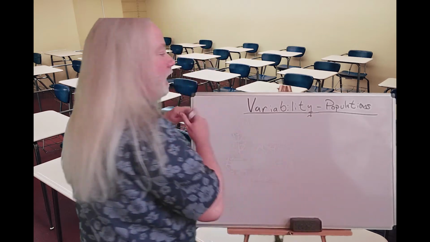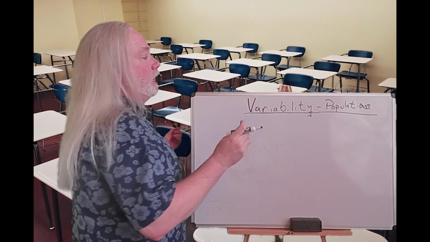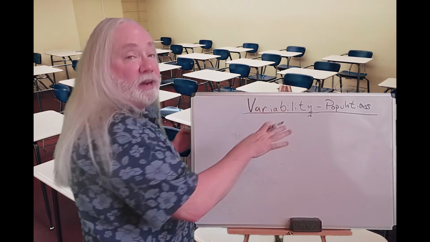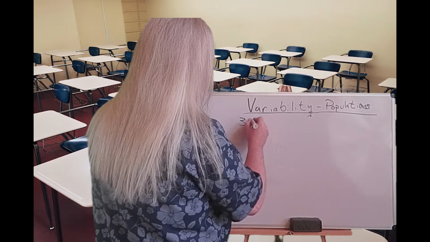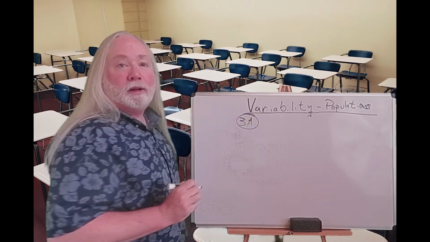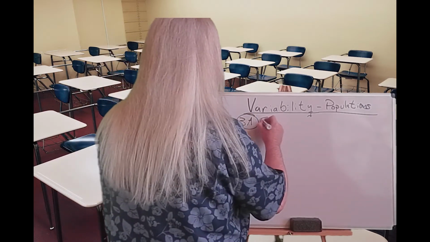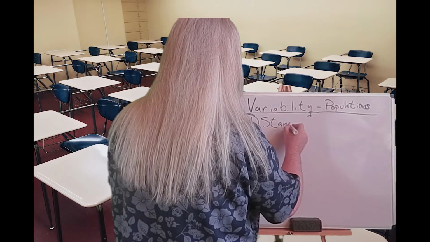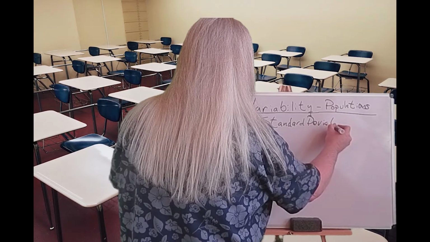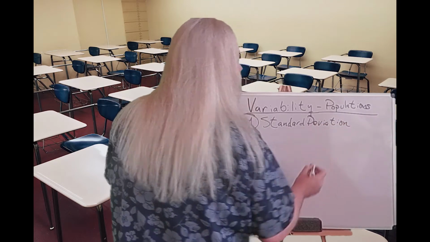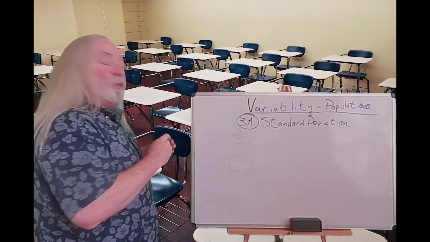So the next thing for us, we've computed the variance for population variability. Now, the third and final measure of variability is called standard deviation. This is the concept for where we're trying to get to.